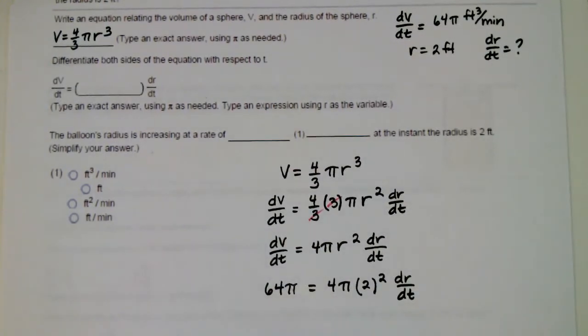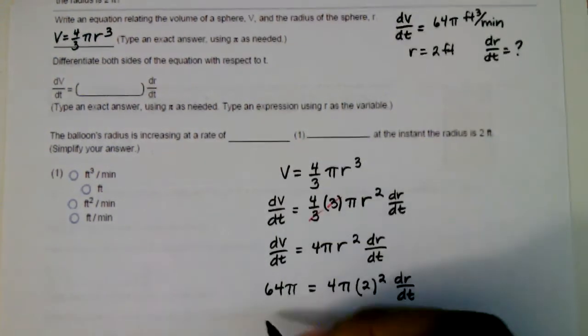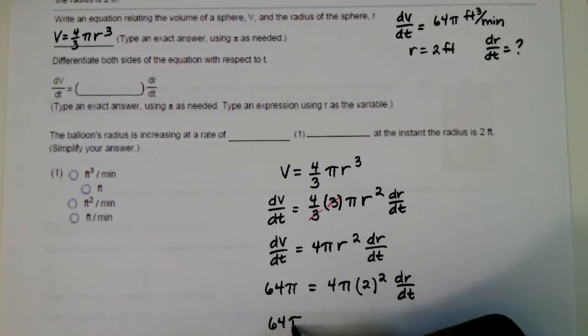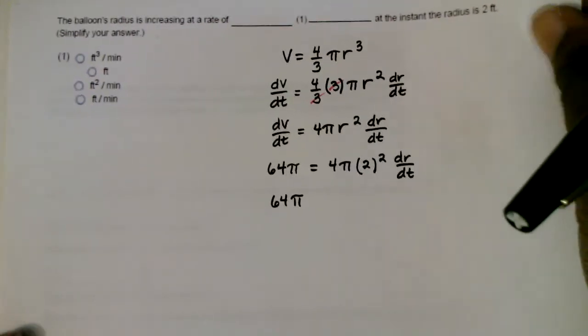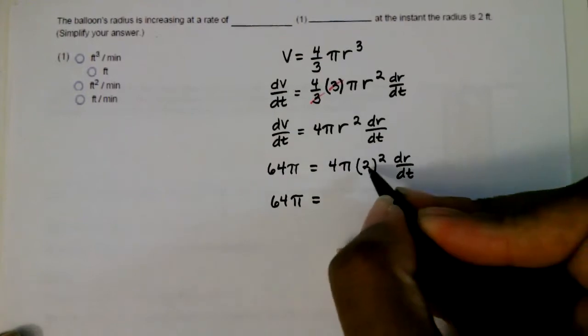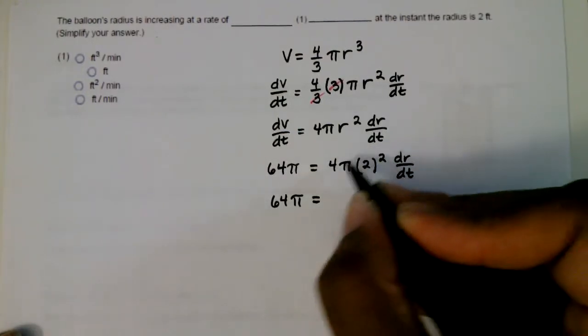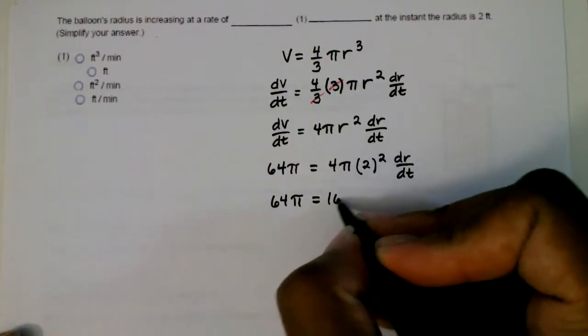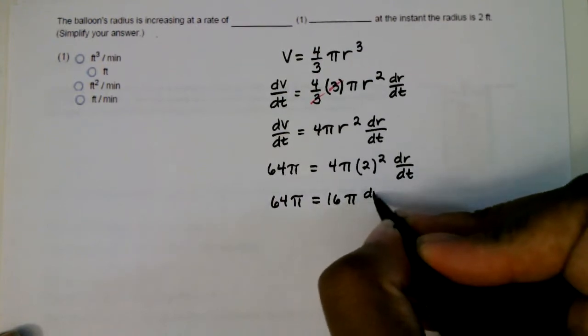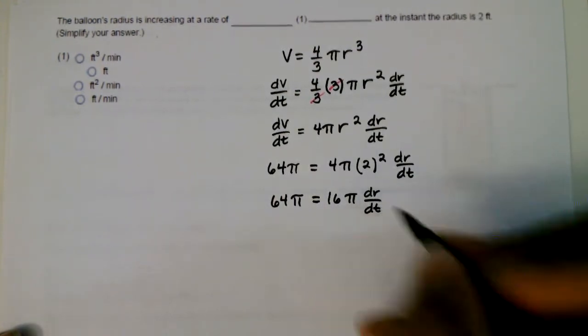Dr dt has to be in feet per minute. I will tell you that right now, because the radius is in feet and the unit of time is minutes. Let's simplify the right side. I got 64 pi, and that's equal to 2 squared, or 2 times 2 is 4, times this 4 in front will be 16 pi times dr dt.